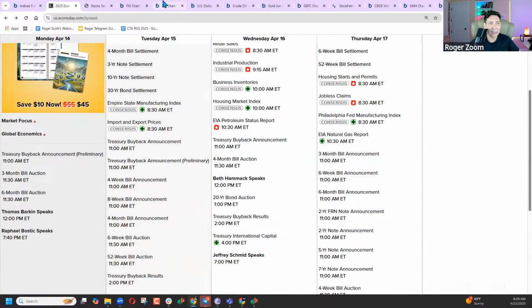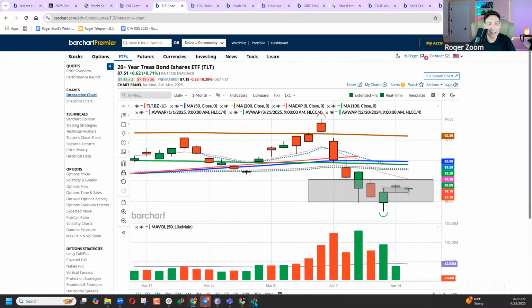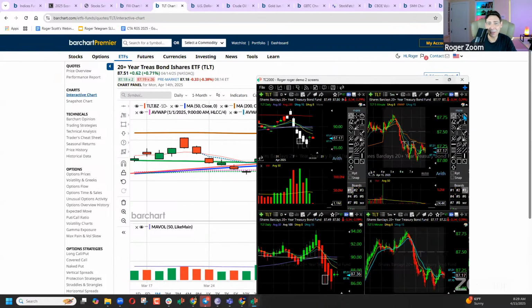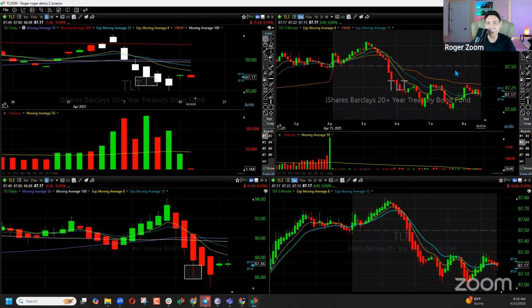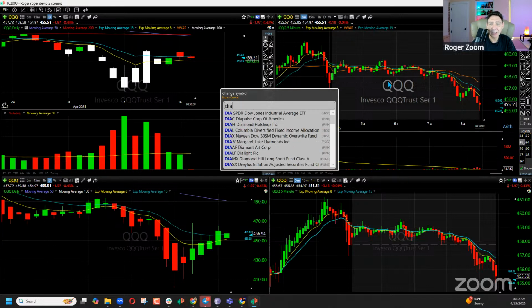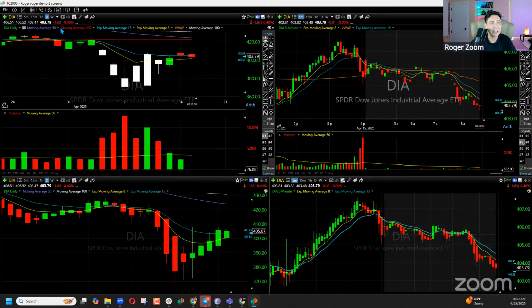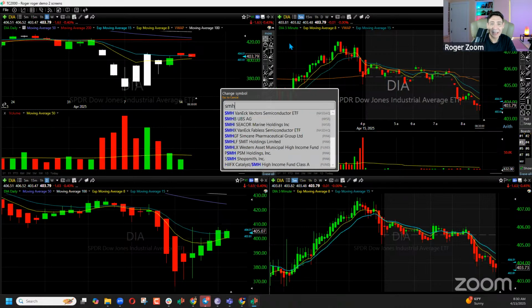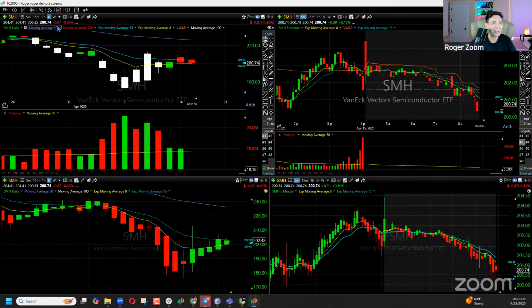So again, I'm looking at the bond market, but as of right now you could see that the bond market is just sitting below yesterday's levels, which is not good. QQQ below yesterday's levels. The Dow below yesterday's level, down 160 right now. SMH is down 0.43. So we're a little lower. Nothing crazy right now.